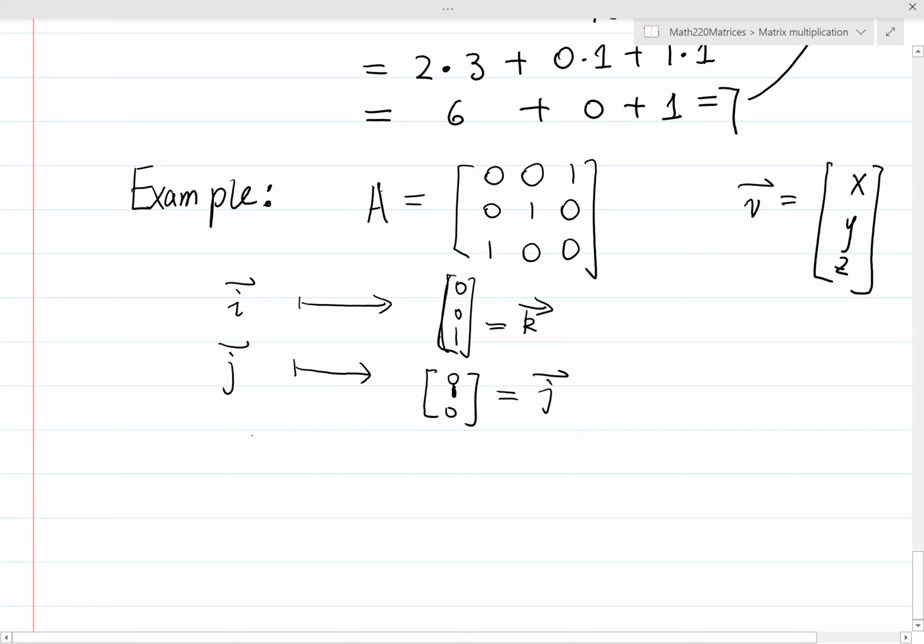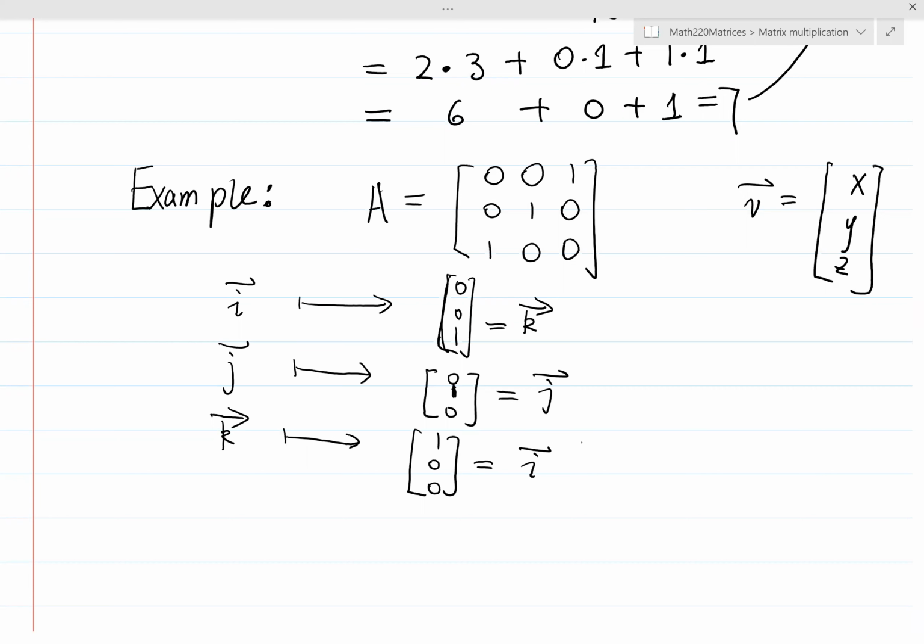If we plug in k, what we get is 1 0 0, which is i. So the matrix A fixes j, does not change j, but switches k with i.